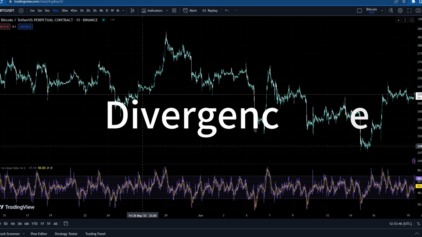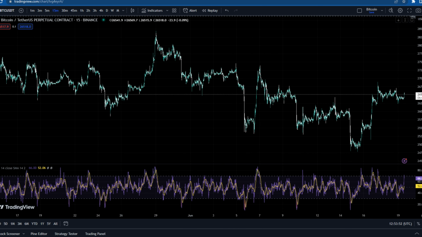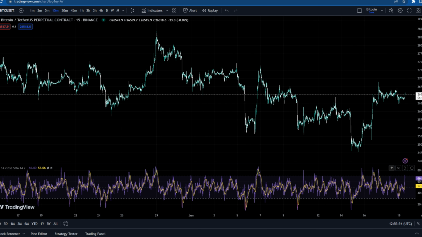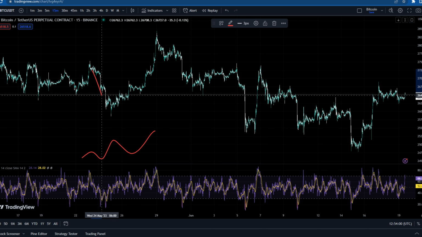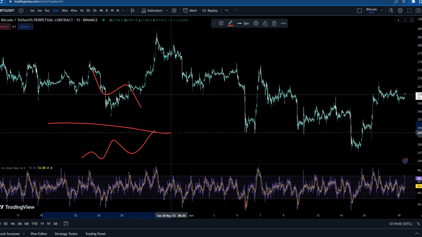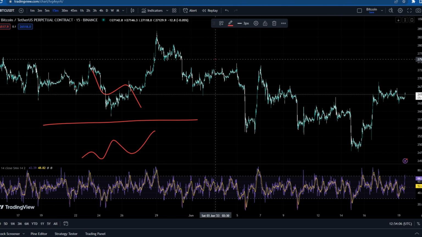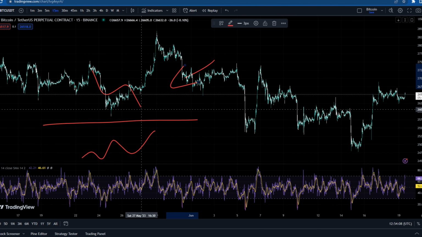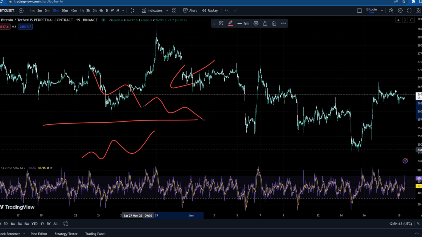Divergences happen in the chart almost every time. An example of that is, I'll give you a blank chart. Let's say this is the RSI moving up, but the price is actually going down. Let's just make one thing clear: one thing is the price, one thing is the RSI. The price is moving down, moving down, moving down, but the RSI is actually moving up, moving up, moving up.